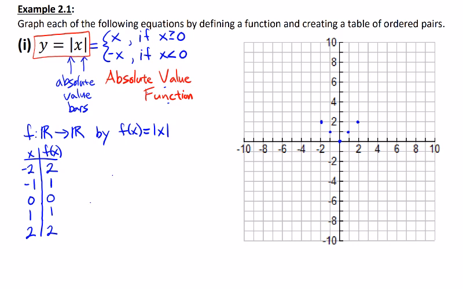This is going to be straight lines. So we're going to have one straight line in the first quadrant, and we'll have a second straight line in the second quadrant, and they will be mirror images of each other. And this ends up giving us a V shape, and this is your absolute value function.